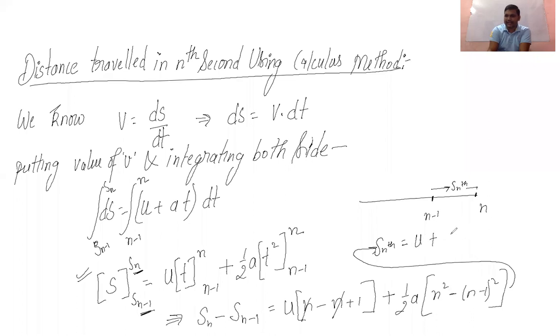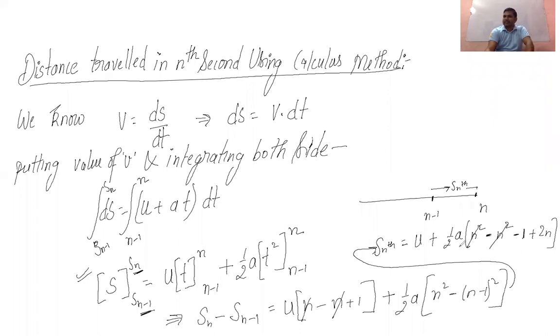You can see here half a n square minus (n square minus 1 plus 2n). So the n square will be cancelled out.